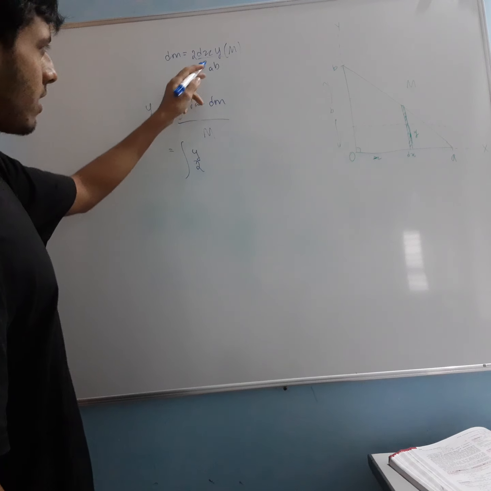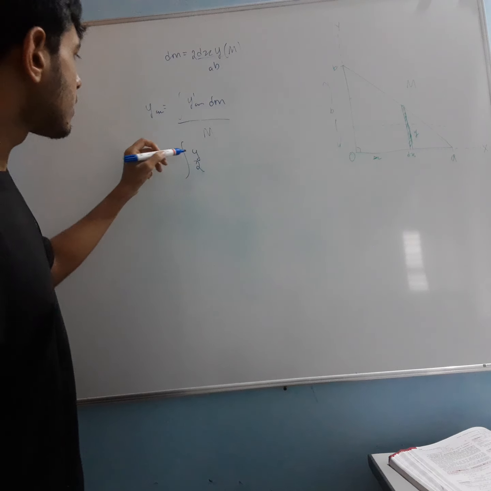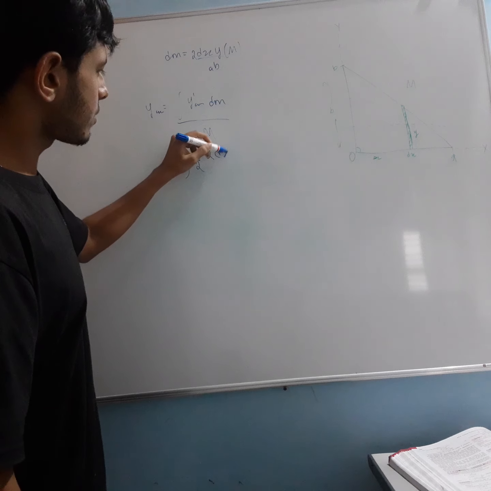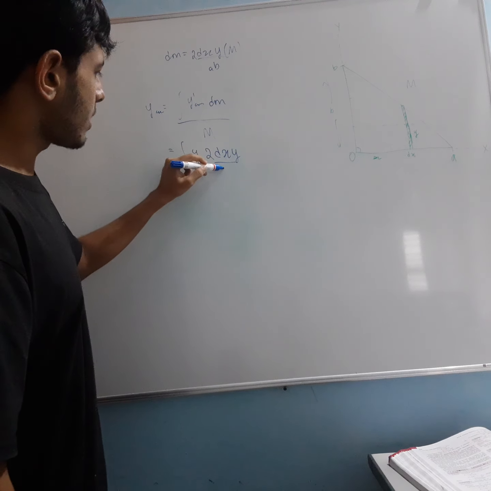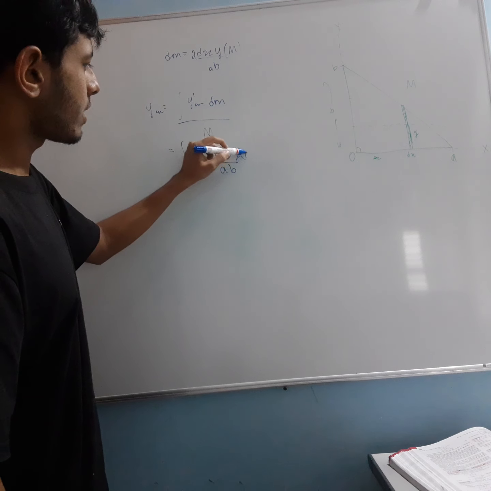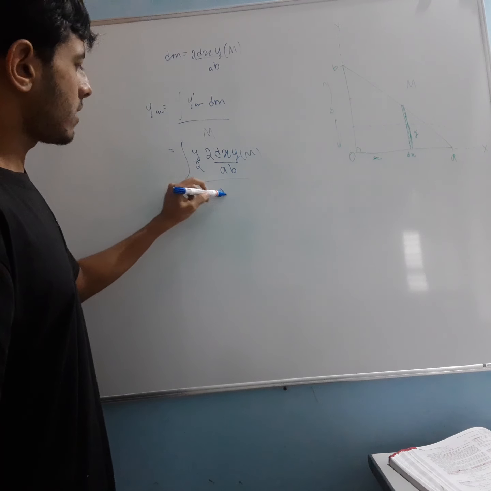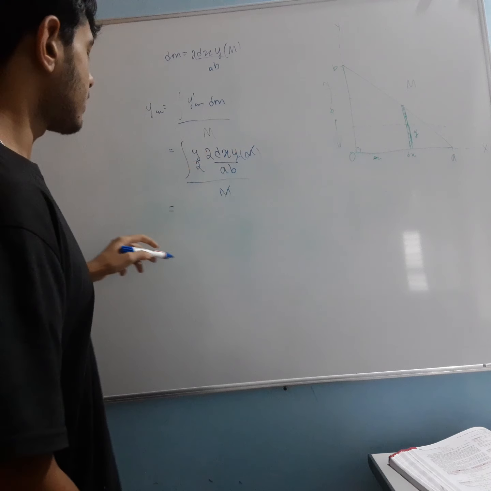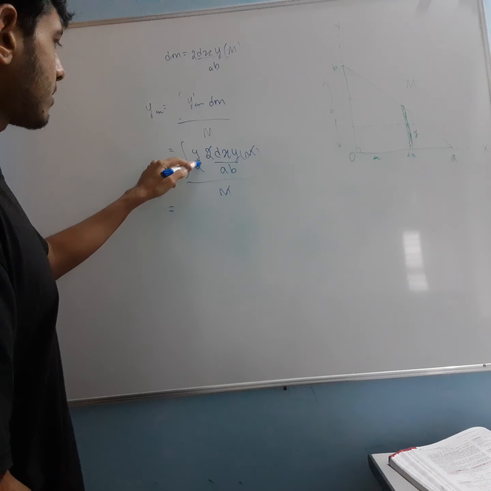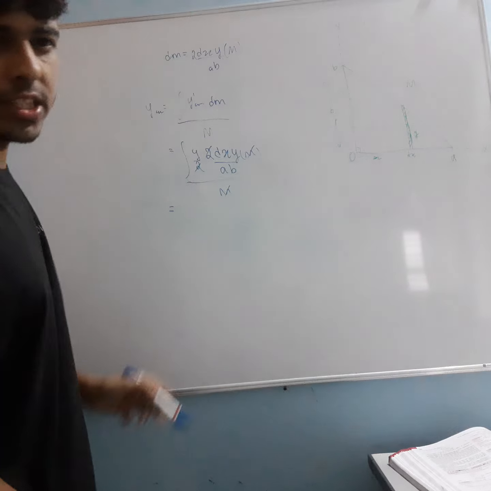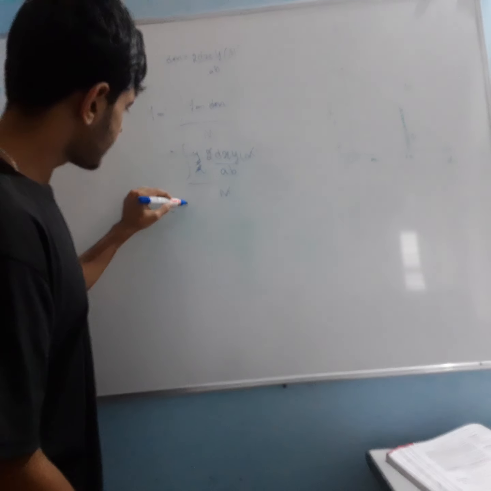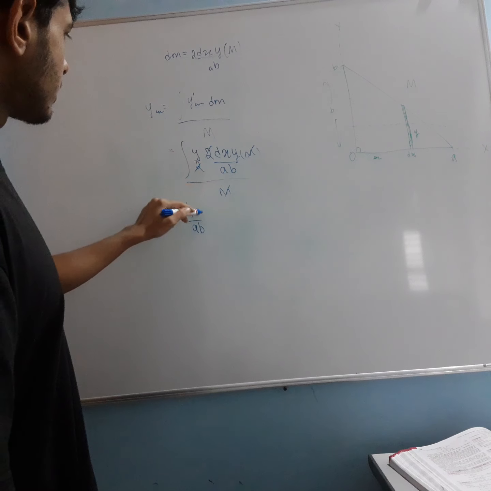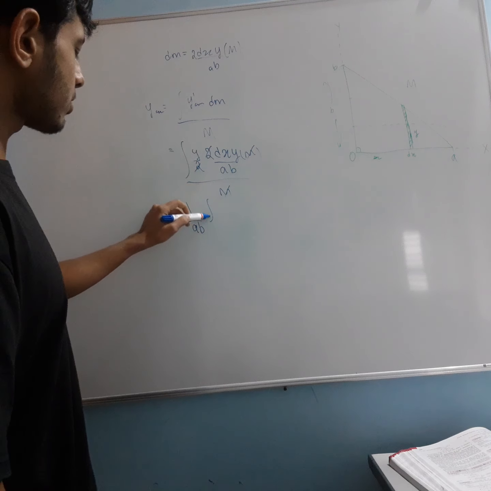And dm, as we found out earlier, is just 2 y dx divided by AB times M, divided by M. And the M and M just get cancelled. The 2 gets cancelled. AB is a constant which can be taken outside. So you get 1 over AB times y squared dx.